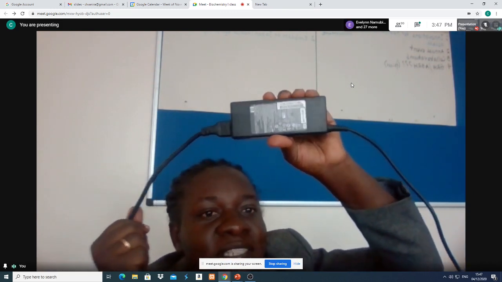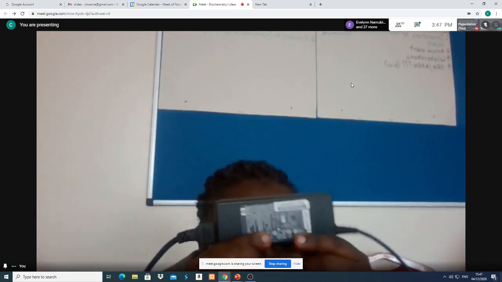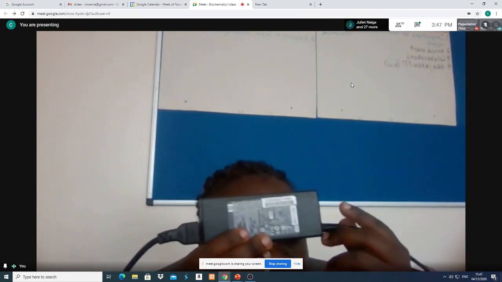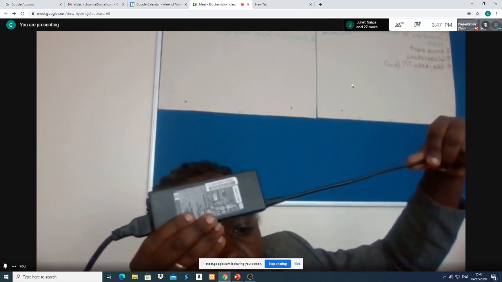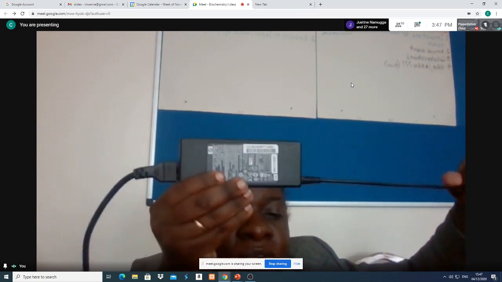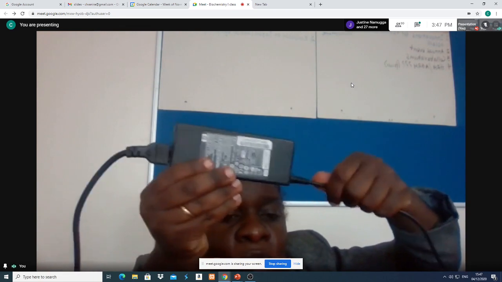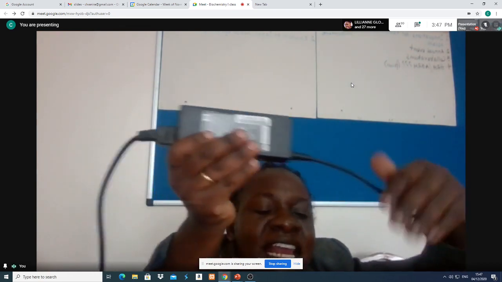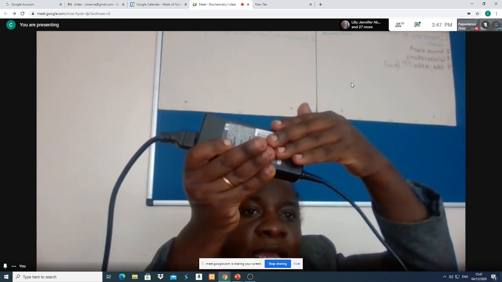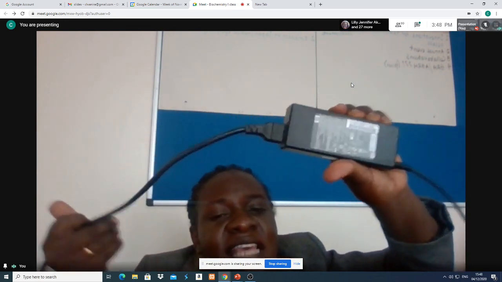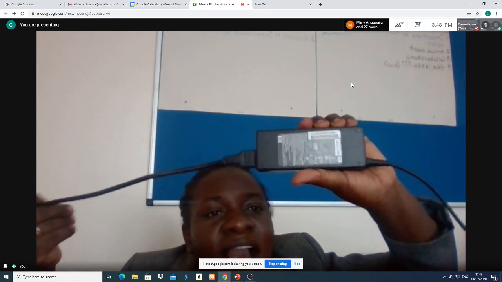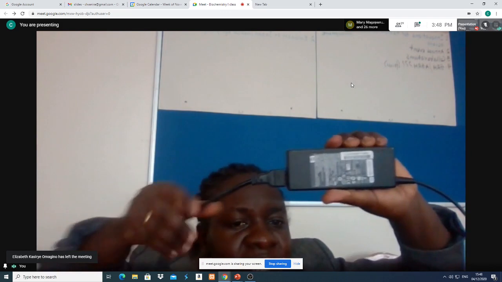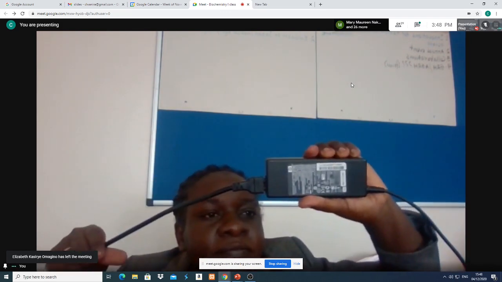Remember, we talked about the principle of chemical bonding. That chemical bonding enables attainment of stability. So what is going to happen? In order for this cable to become stable, it has to struggle to pull an electron from this adapter. But at the same time, this other one is also in lack of an electron. Therefore, it is also going to try to draw this single electron towards itself.